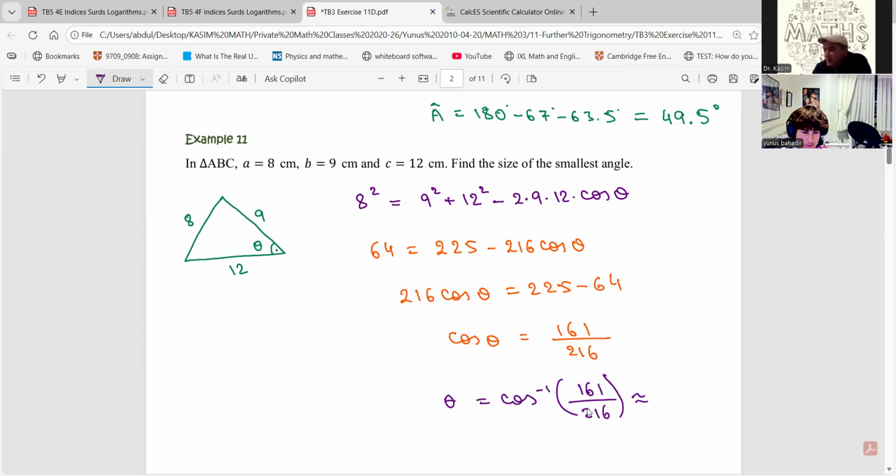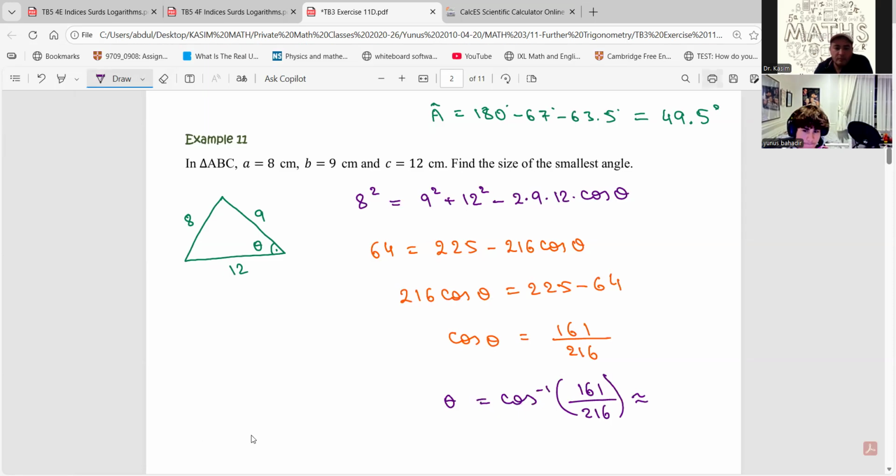Okay, Yunus, calculate and tell me the answer. What is it? 41.8. 41.8 degrees.